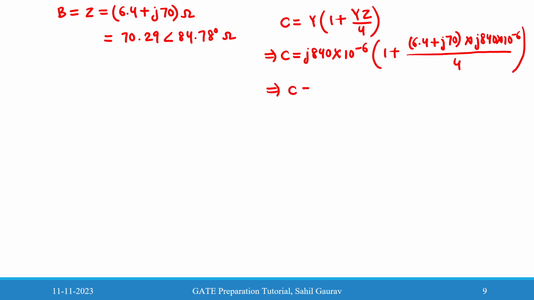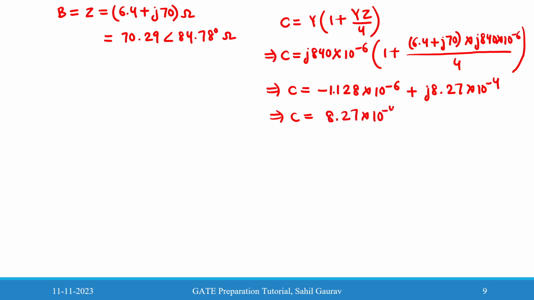So C will come as minus 1.18 times 10 to the power minus 6 plus j8.27 times 10 to the power minus 4. So the C value is 8.27 times 10 to the power minus 4 at angle 90.08 degree. Its unit is mho, or Siemens.